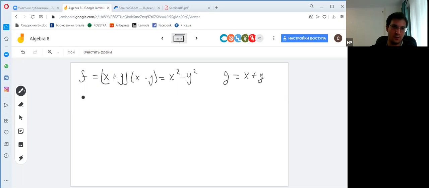Then the leading term of g depends on our order, but let me take, for example, x greater than y.